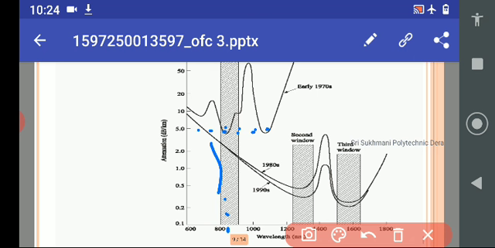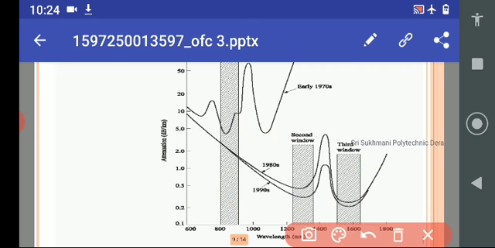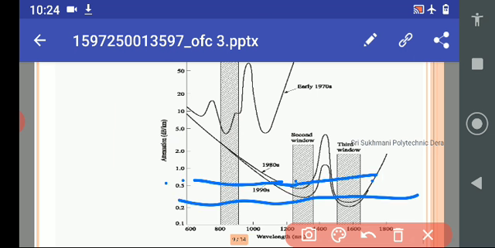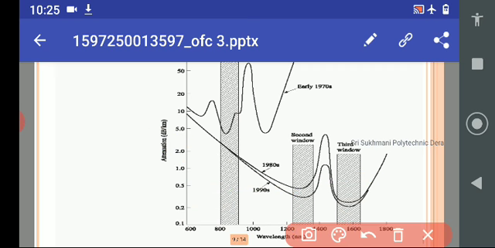The third window is around 1550 nanometers centralized wavelength. At this centralized wavelength, again the fiber is experiencing minimum attenuation. So it is clearly visible that at certain selected wavelengths we are experiencing minimum attenuation.